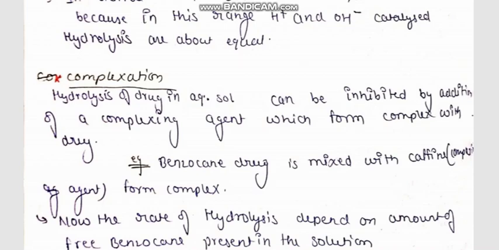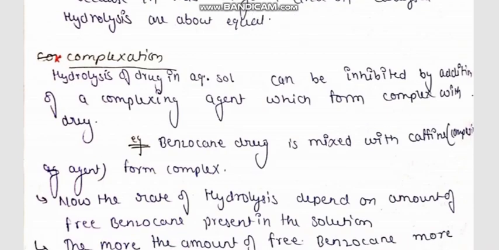Second method is by making complexation. Hydrolysis of drug in aqueous solution can be inhibited by adding a complexing agent to convert the formulation into a complex. For example, benzocaine drug is mixed with caffeine to form a complex.